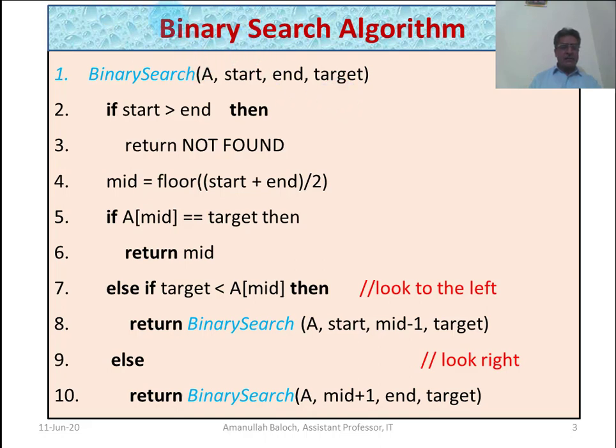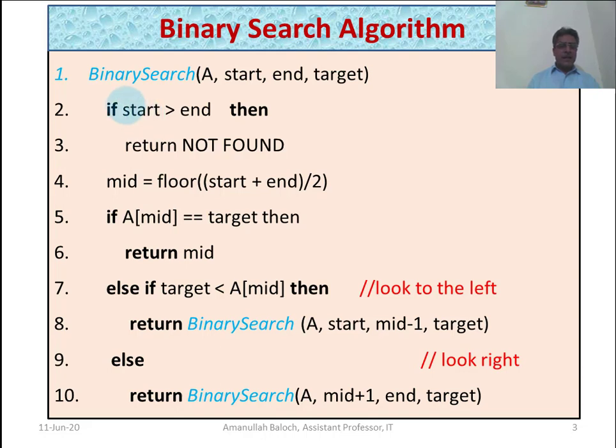So it will accept an array, the starting index, the ending index, and then the target value. If start index is greater than end index, then return not found. It means the start index will increment itself, and sometimes its value will become greater than the ending index.